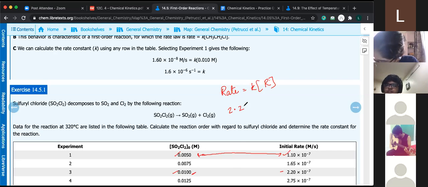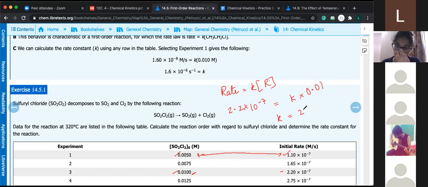So 2.2 into 10 power minus 7 is equal to K into 0.01. So K will be equal to 2.2 into 10 power minus 7 divided by 0.01. If it goes to the numerator, it will be into 100. So your answer should be 2.2 into 10 raised to the power minus 5.